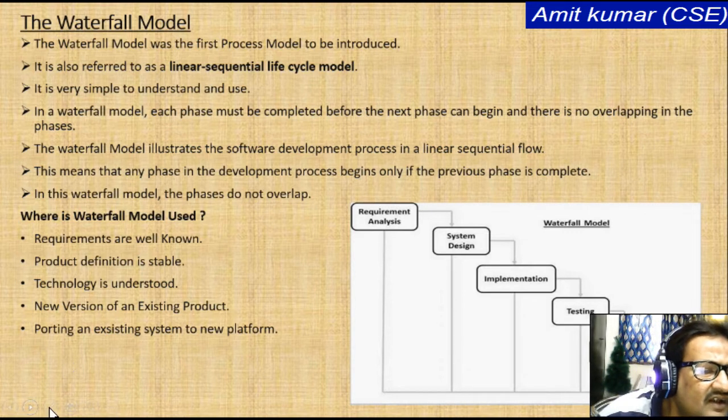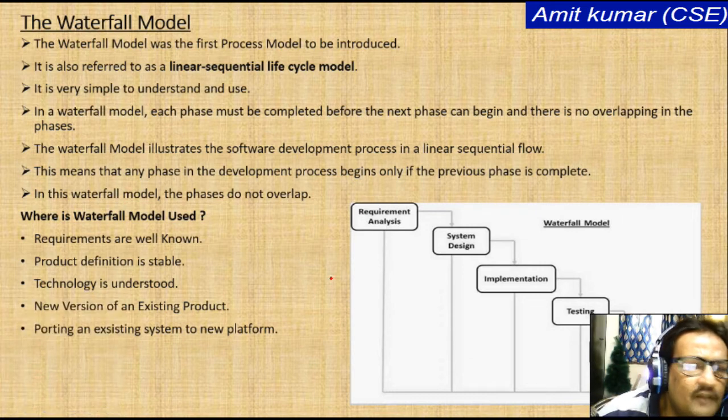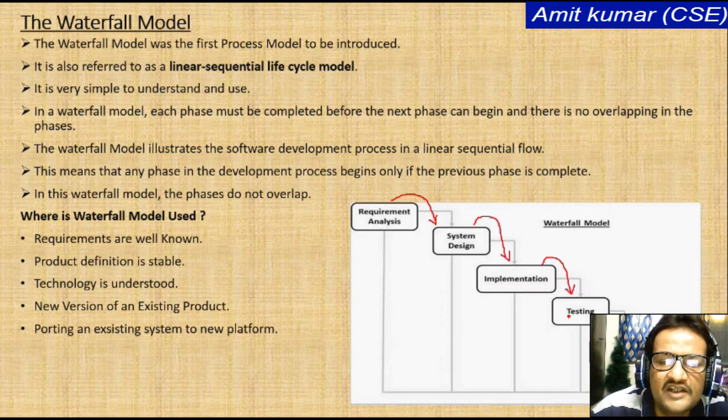Similarly, once the requirement analysis phase has ended, the system design phase starts, and when the system design phase ends, the implementation phase starts. Similarly, the testing phase, deployment phase and maintenance phase follow.